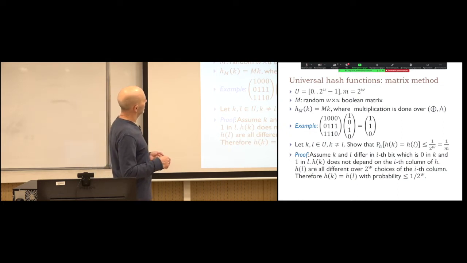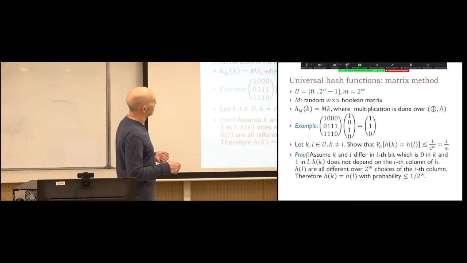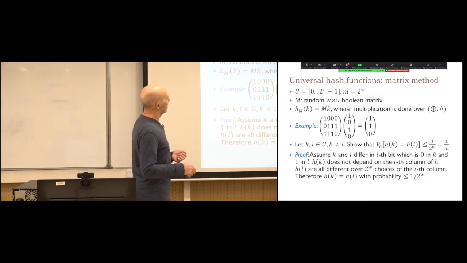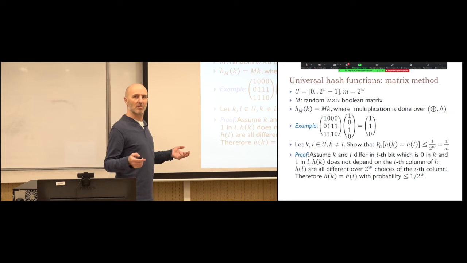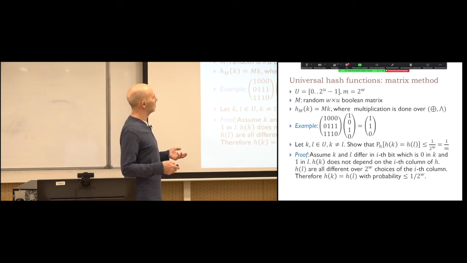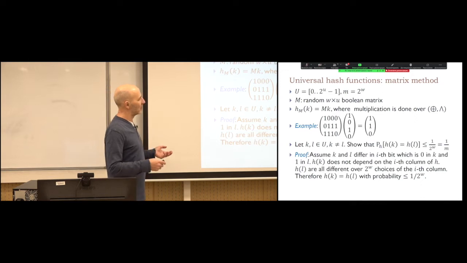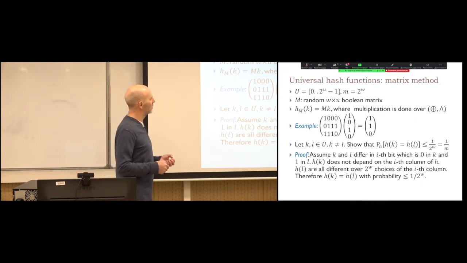So the application of a hash function h_M, the function defined by matrix M, to a key k will be this matrix M multiplied by k, where the multiplication is done over XOR and AND. So instead of the usual Boolean multiplication, which is OR AND, here we do XOR AND. You know how we multiply a matrix by a vector in a Boolean ring.